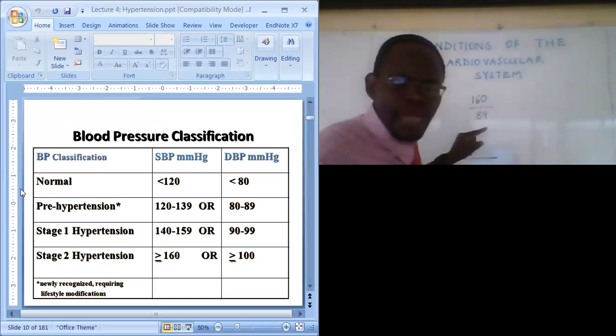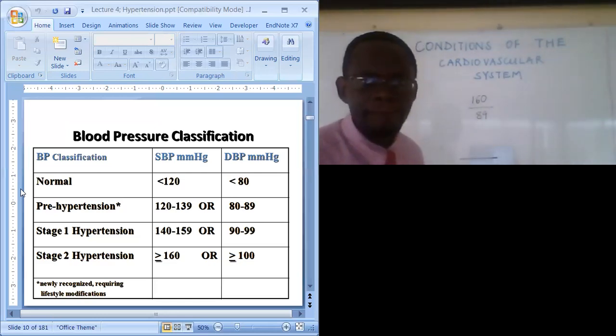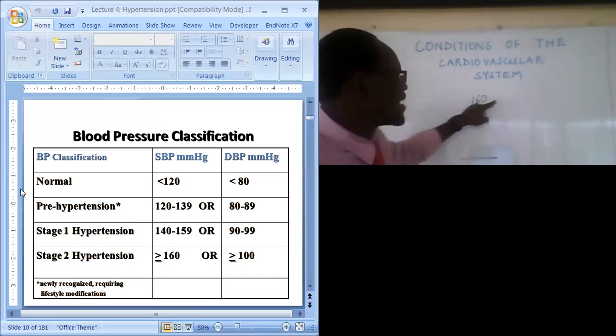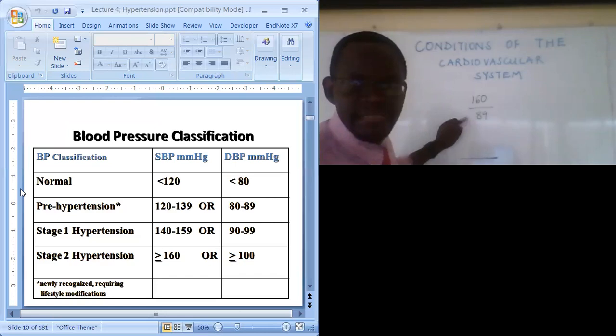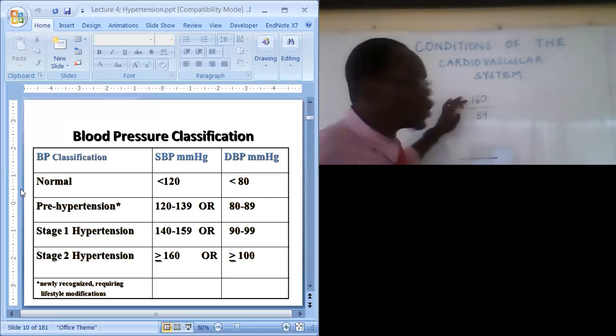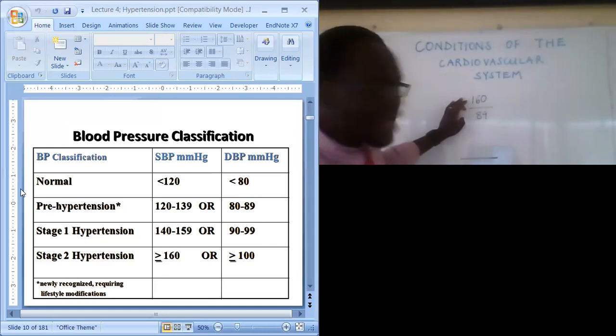You should look at the two figures. This is the systolic figure and this is the diastolic figure, right? Now, this person's systolic figure is basically 160.